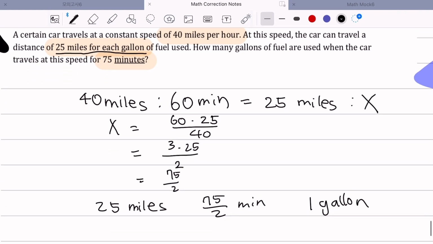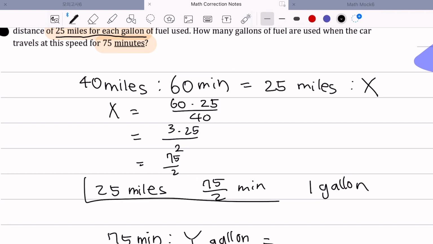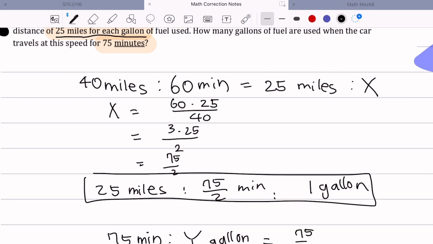Then we want to find out the gallons that it used for 75 minutes of driving, right? 75 minutes of driving, and how many gallons? Let's put the value as y, and it is 75 minutes divided by 75 over 2 minutes per 1 gallon.